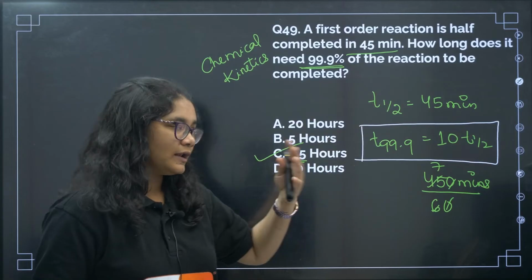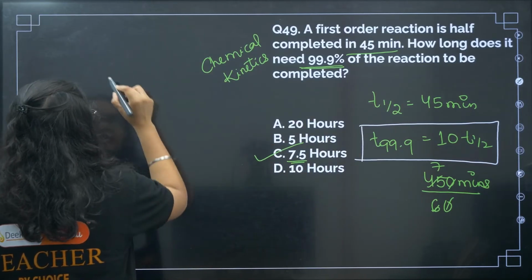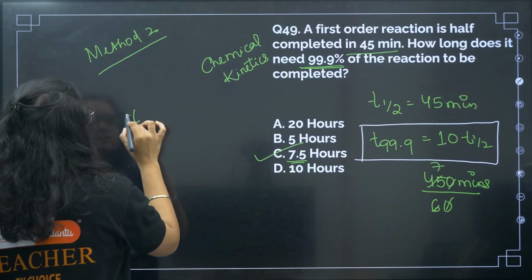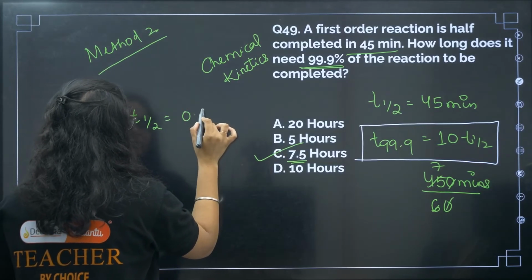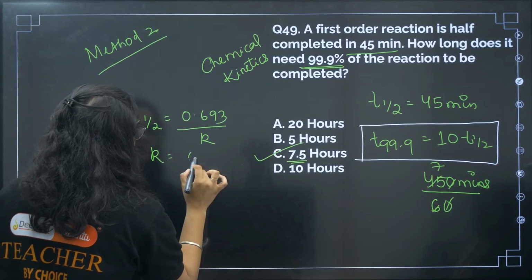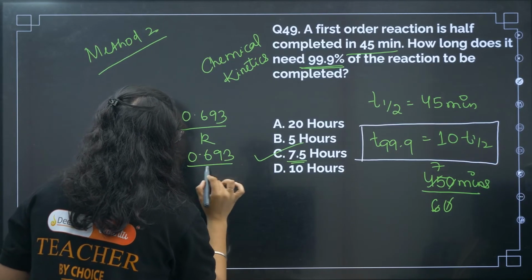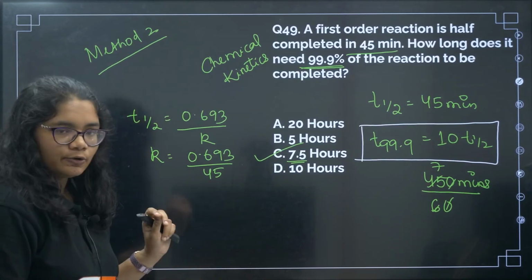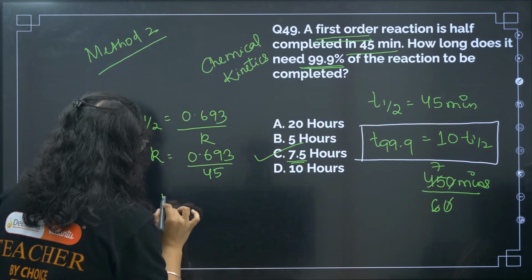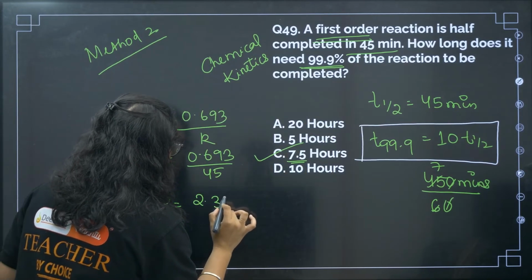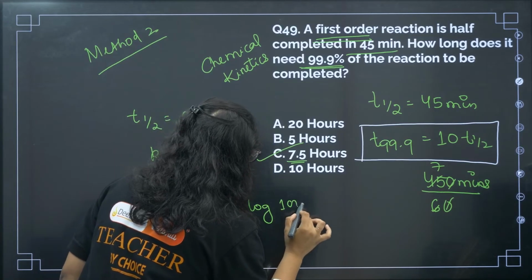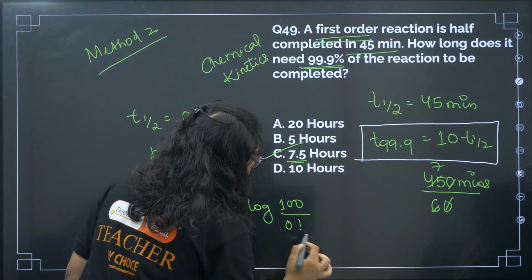But how can you do another way? So I'll tell here method 2, which is lengthy. T half you know is 0.693 by K, right? So from here first you can find out K value, 0.693 by 45 minutes. This is K value. Now because it is already given first order, we can use the integrated rate law. K is equal to 2.303 by T log of 100 by 99.9, meaning 0.1% will be remaining.